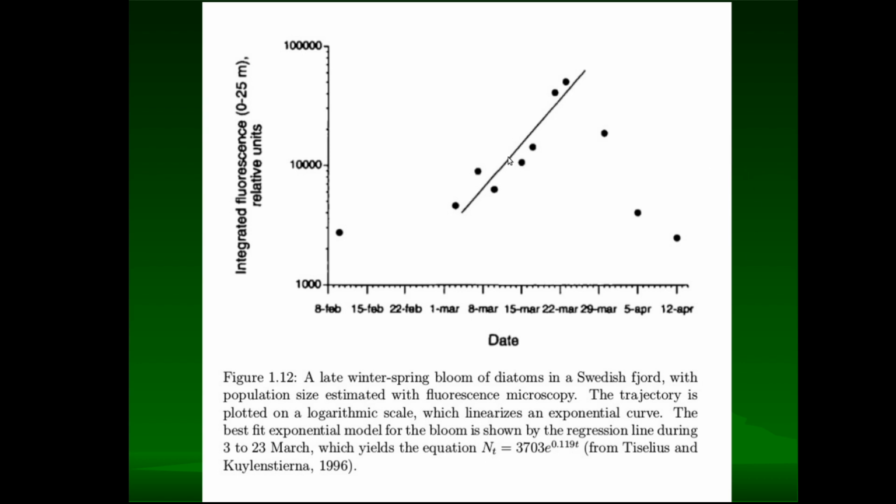And exponential growth turns out to be a straight line on the log scale. And this is the log scale on the y-axis. So we have this bloom that is exponential right here over a period of a couple of weeks. And then the population crashes when the nutrients also crash.